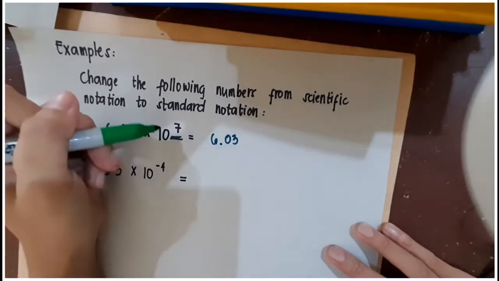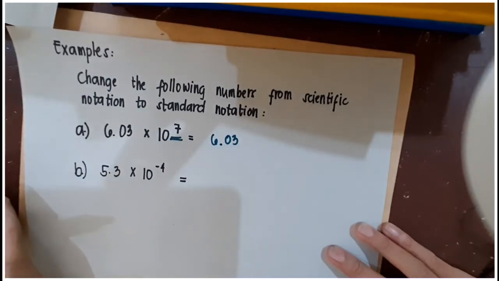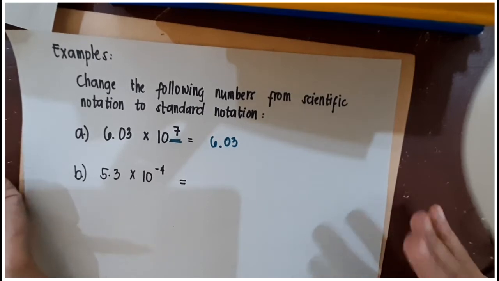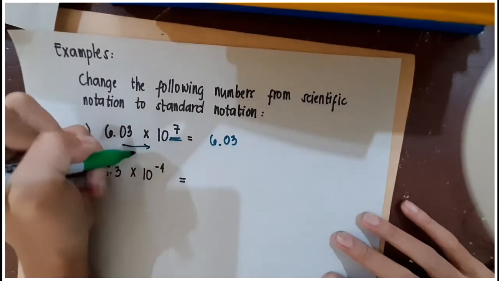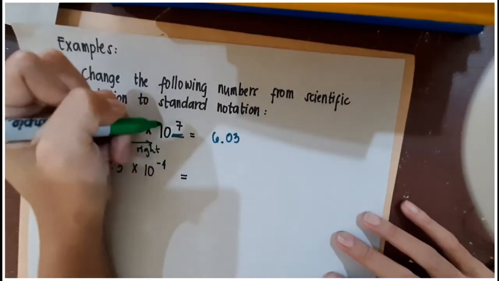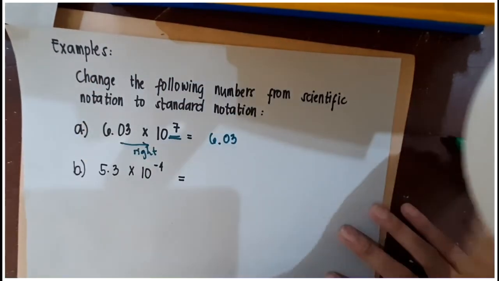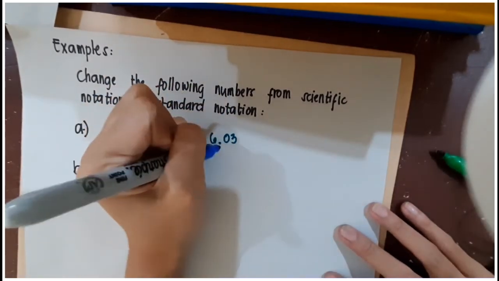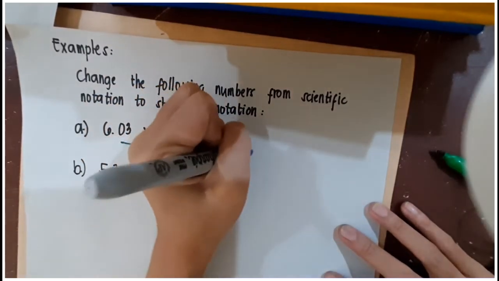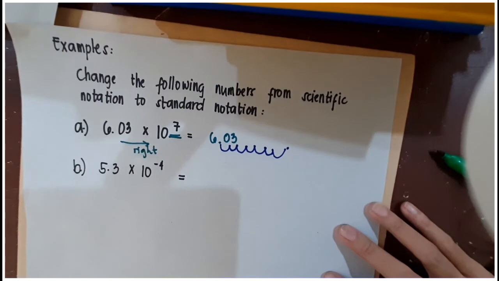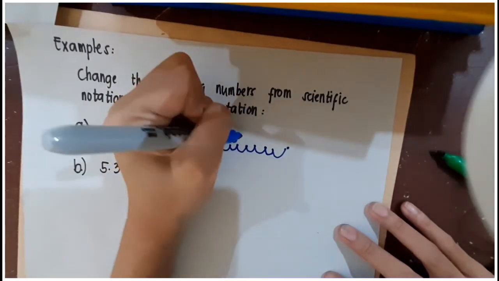Your exponent is positive 7, so you add zeros and move your decimal point going to the right. You go to the right if you have a positive exponent. Okay, so 7 is positive, you move to the right: 1, 2, 3, 4, 5, 6, 7. You move 7 decimal places going to the right, and then you add 0.